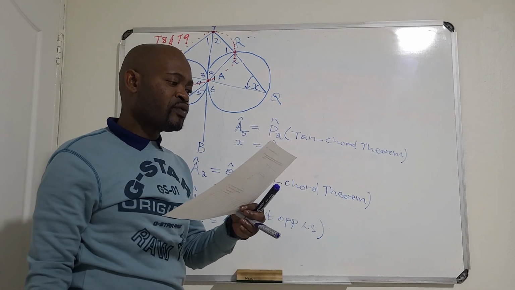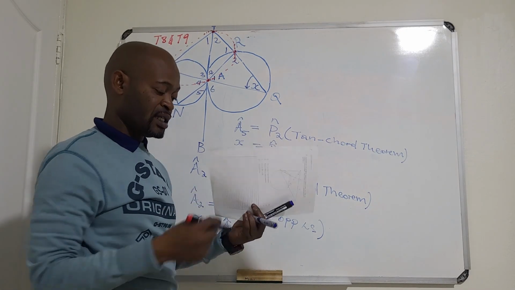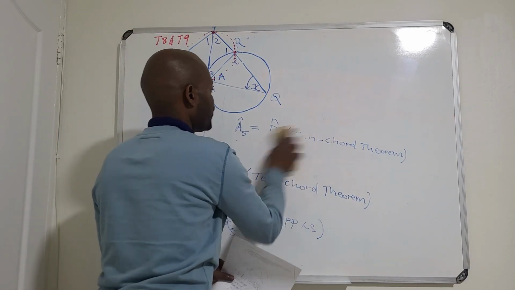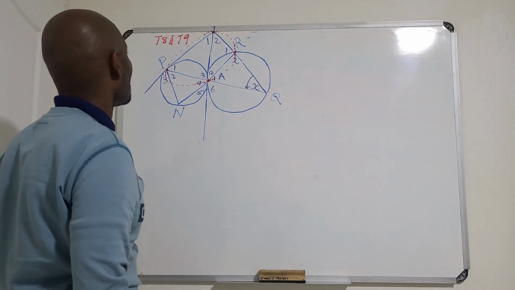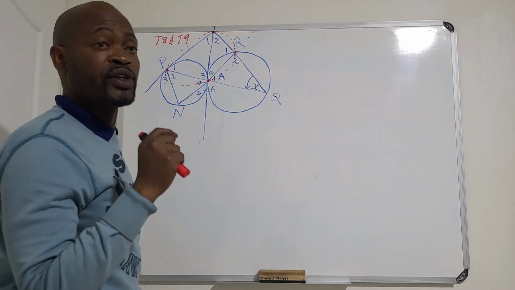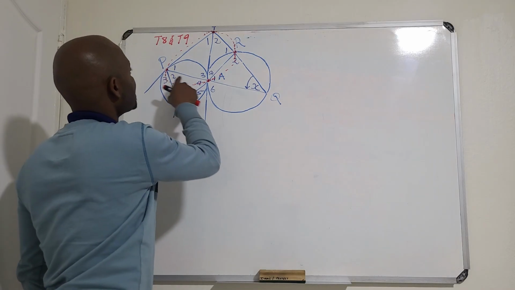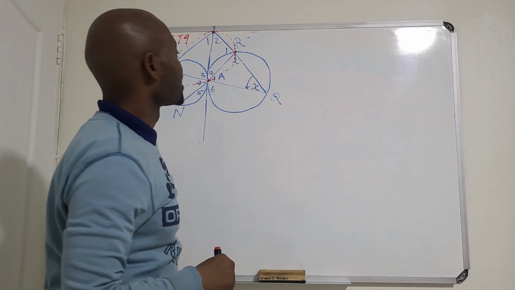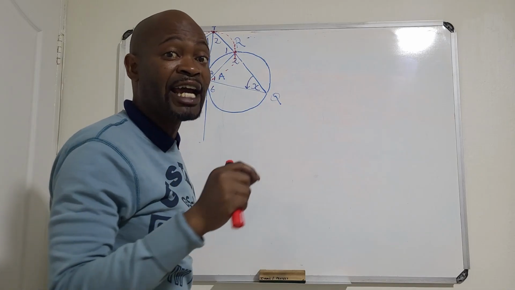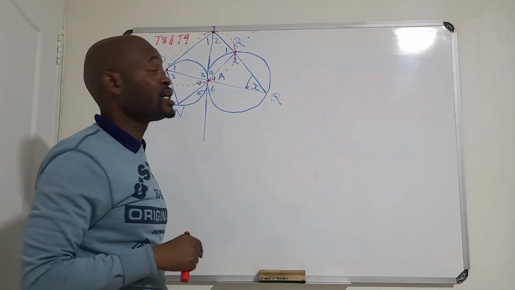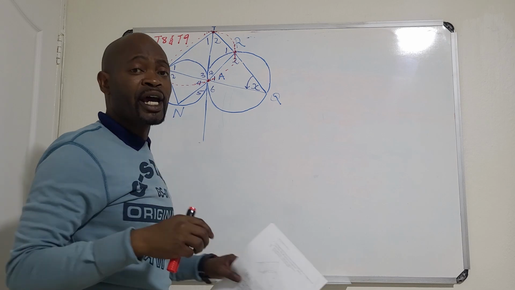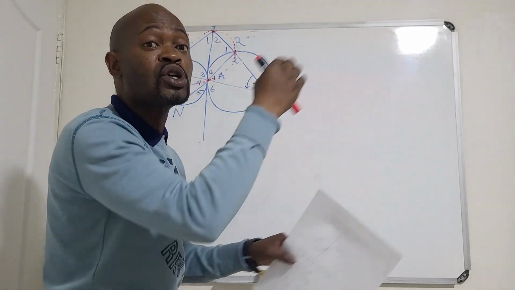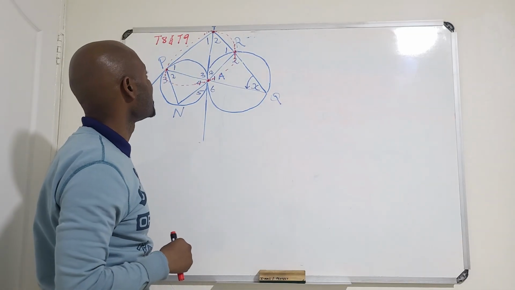Now, they say prove that APTR is a cyclic quad, and for us to do that, we can use exterior angle of a cyclic quad is equal to the opposite interior angle, or we can use the sum of opposite interior angles, which are supplementary.